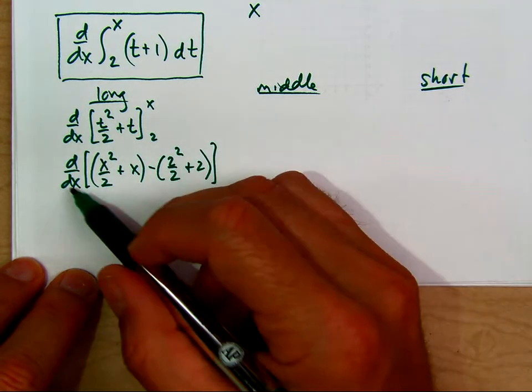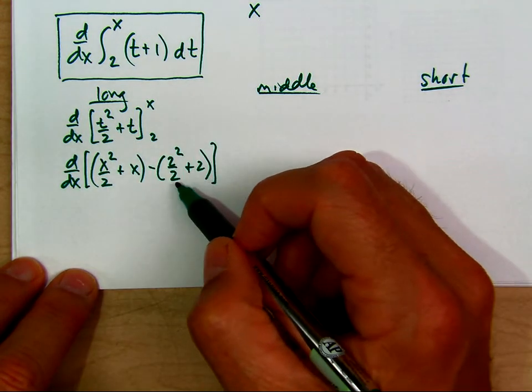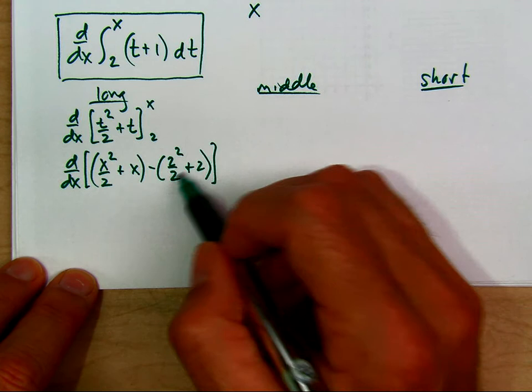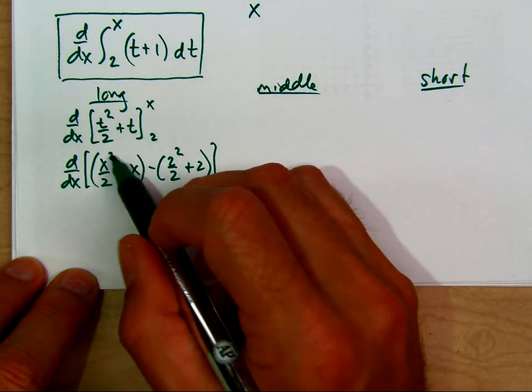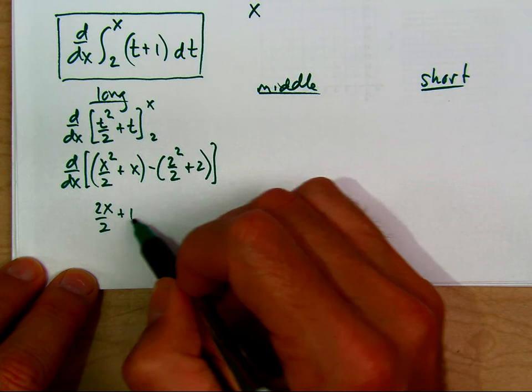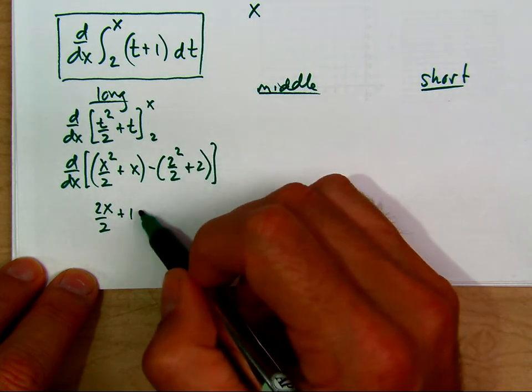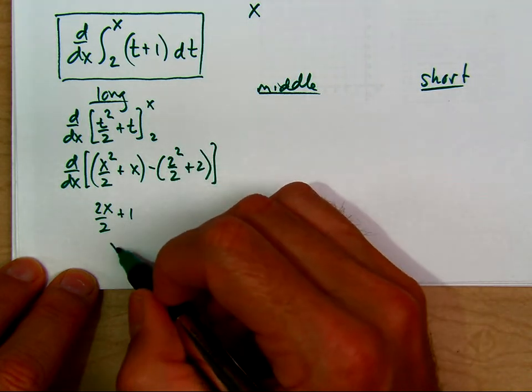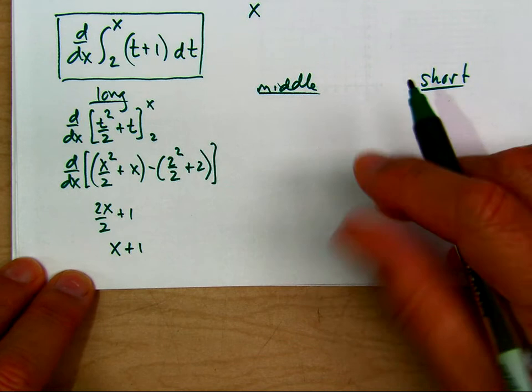Then we're going to take the derivative. Rather than simplifying anything, let's just do the derivative of everything. The derivative of this is 2x over 2, the derivative of this is 1, and all of that's a constant, so that's 0. And the answer is x plus 1.